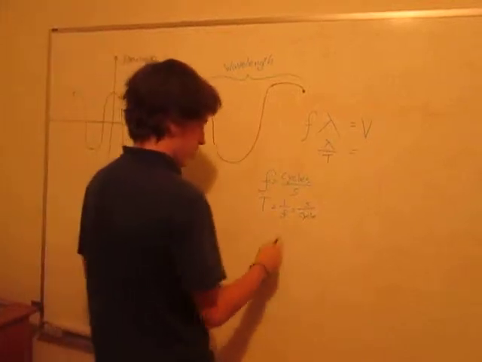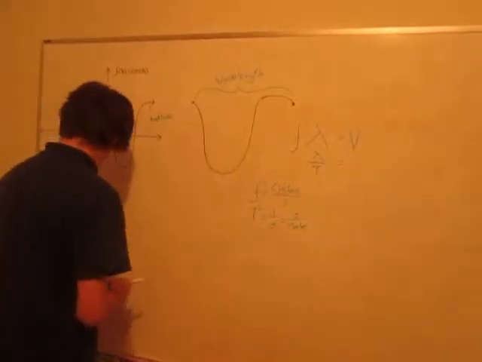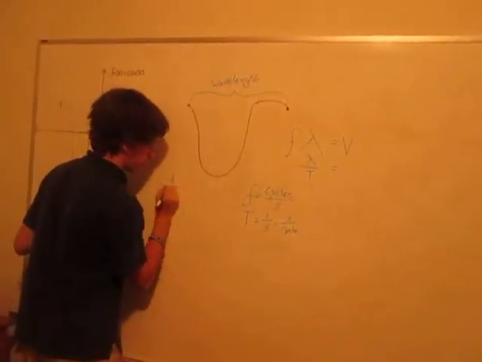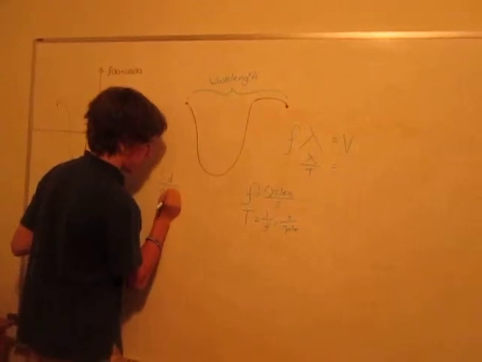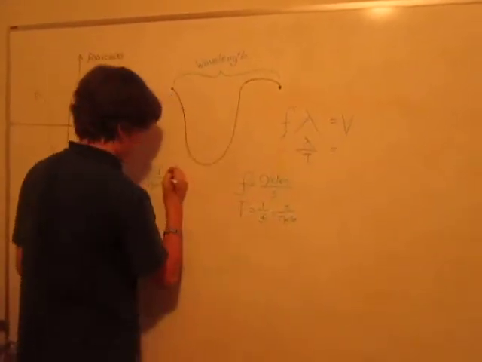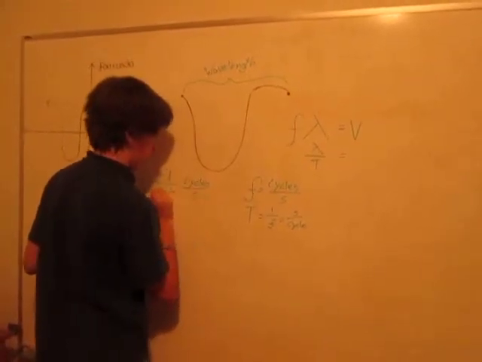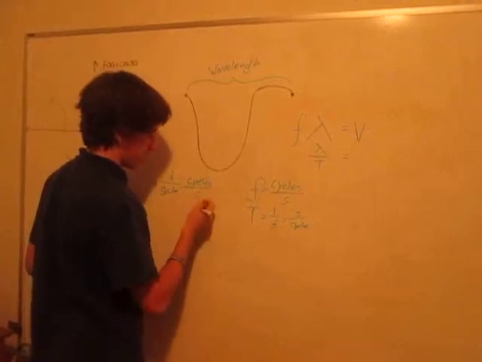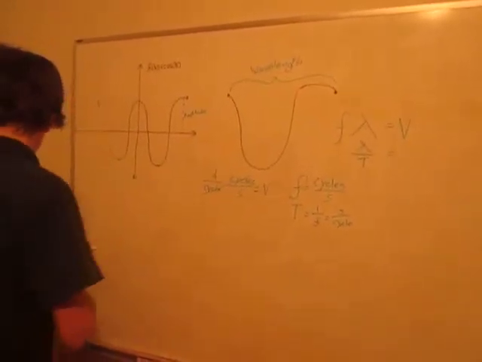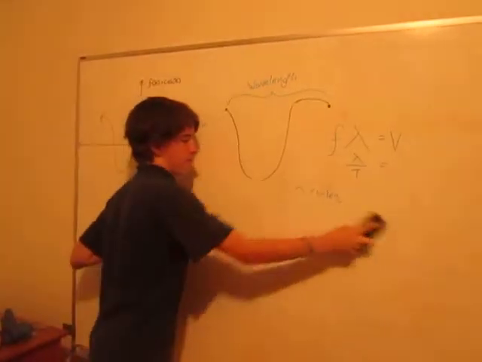So basically, distance per cycle times, because we're going to see if it works out to velocity, cycles per second. Those cancel out, distance per second, that's the same as velocity. All right, so all the units work out. Good. We're going to leave this on the side and remember it, because it's very important to remember.